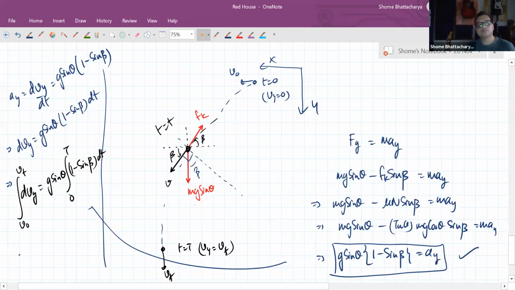So we will have v final minus v naught is equal to g sine theta into that same term phi, which is that integral term. We get this, where phi is equal to this troublesome instantaneous quantity.